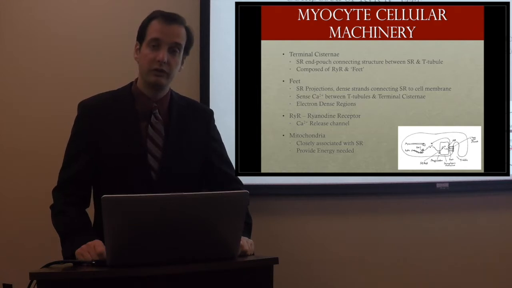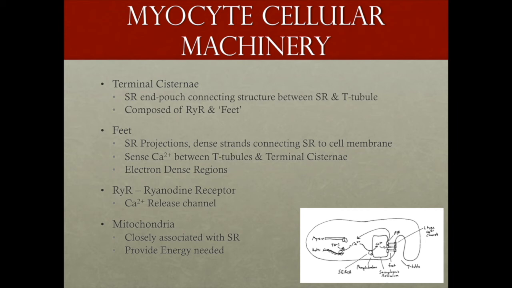It is composed of two substructures, your RYR and your feet. Your feet are sarcoplasmic reticulum projections. These are dense strands which connect the sarcoplasmic reticulum to the cell membrane. The purpose is for them to sense calcium between the T tubules and the terminal cisternae. This is a very electron-dense region.